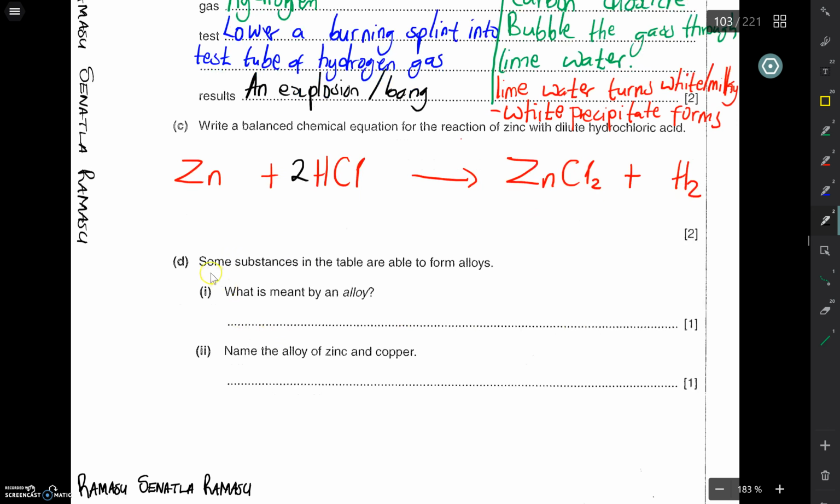Part D says some substances in the table are able to form alloys. What is meant by an alloy?